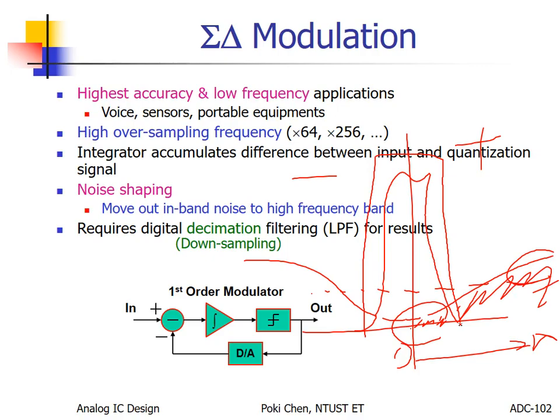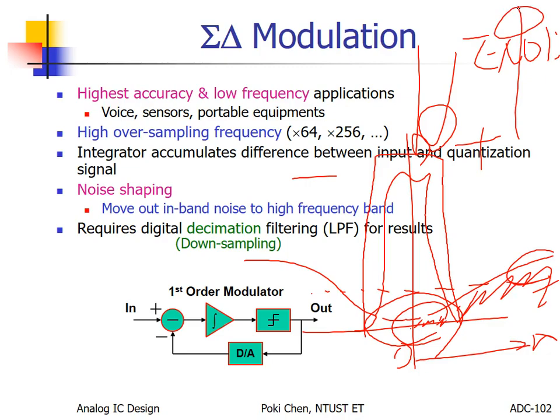So you can see in-band, the noise magnitude is substantially reduced, and out-of-band it will be substantially increased. That is what we want for such noise shaping: to move the in-band noise to the high frequency band and filter all of it. That is what we need.